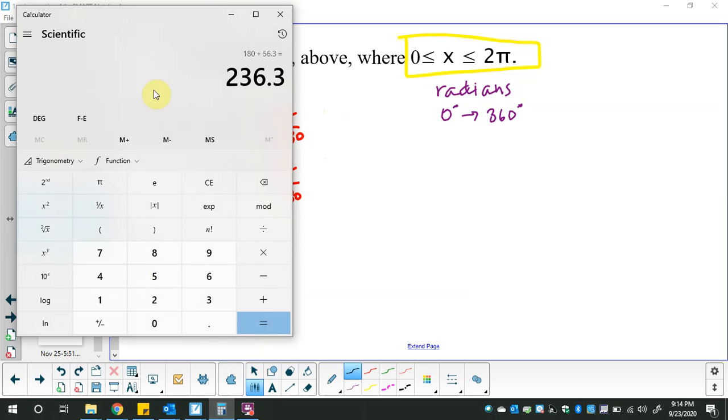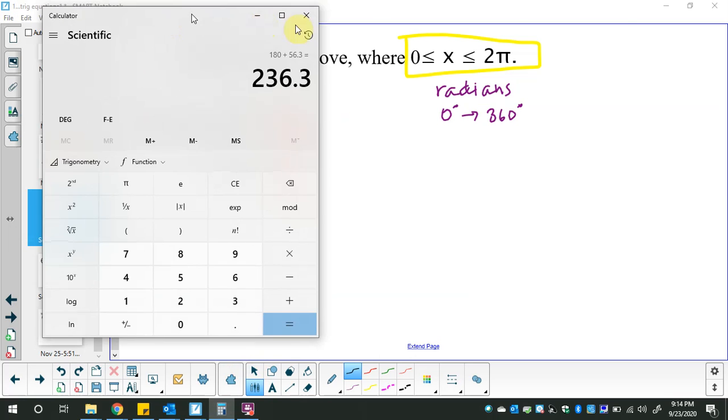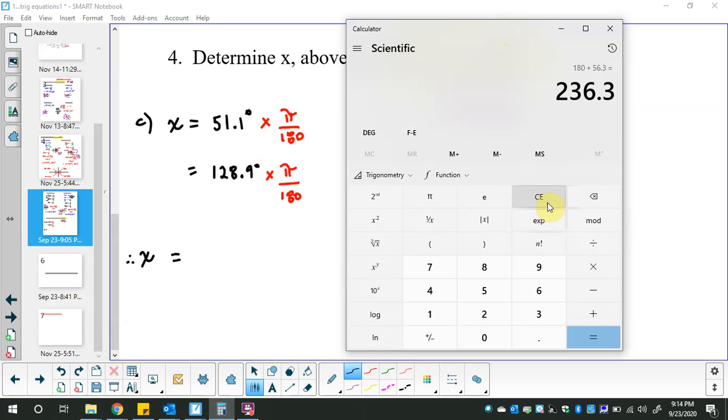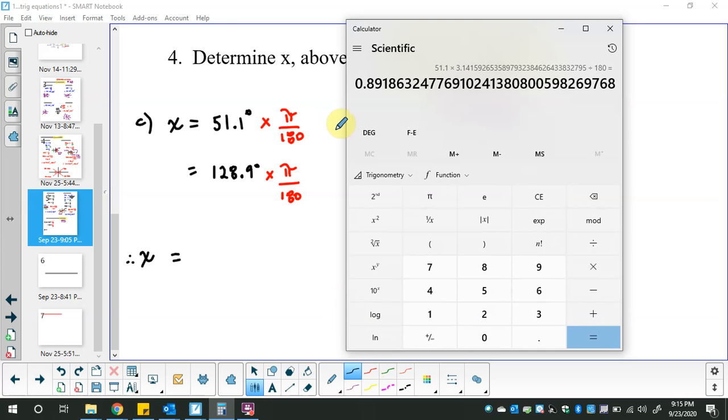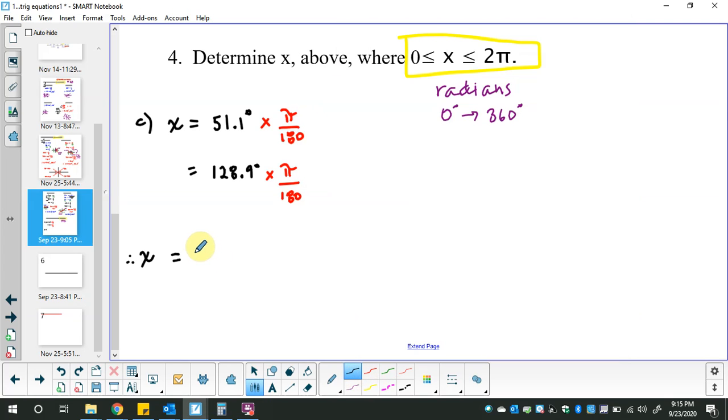Instead, you just straight up use your calculator. As in, for the top one, I do 51.1 times pi button, or 3.14, divided by 180, and I get 0.89 radians. And you have to be super specific that you have converted.